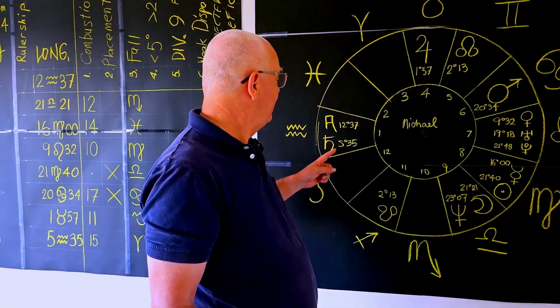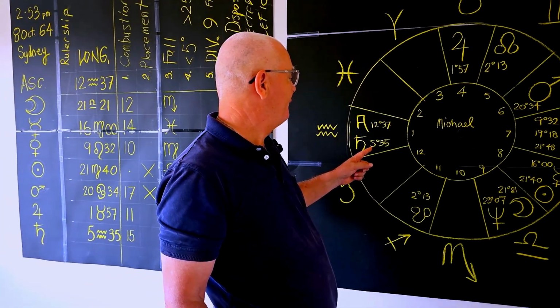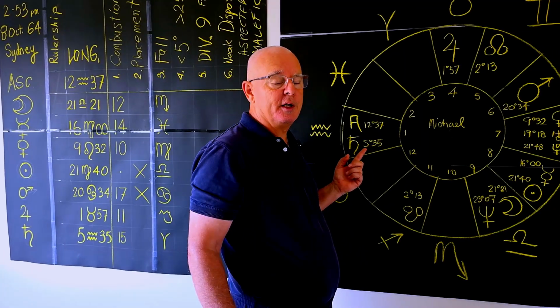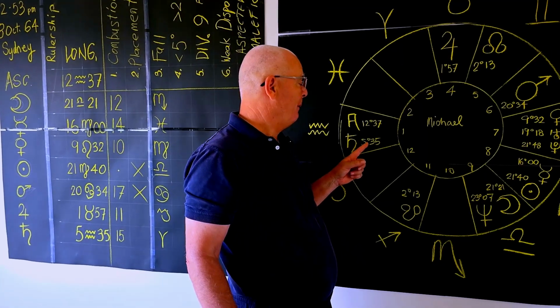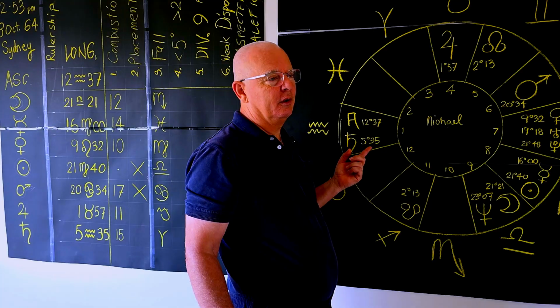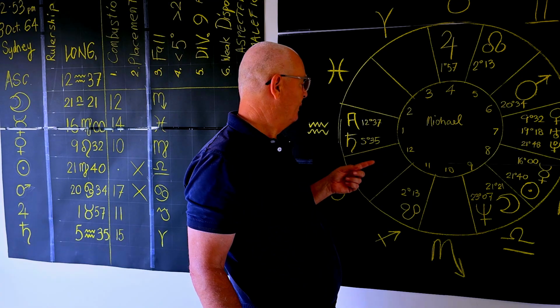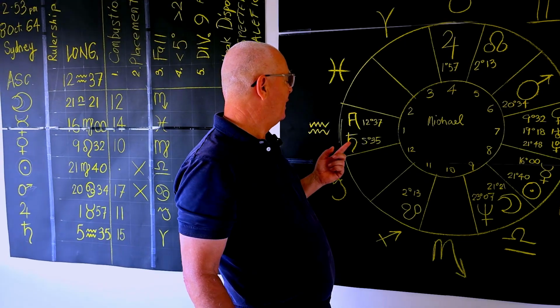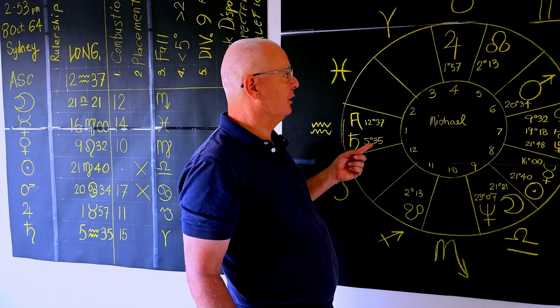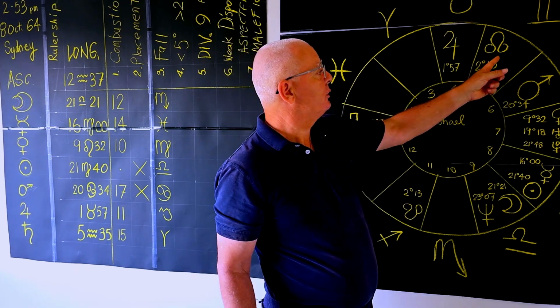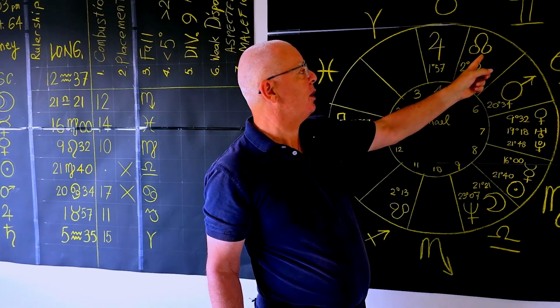Okay, here Saturn is 5 degrees 35. So it's more than 5 degrees. It's not considered weak, but a planet really wants to be in the middle. Mind you, it's in its own sign. So it's okay. The moon's nodes, 2 degrees 13, but we don't judge their weakness.